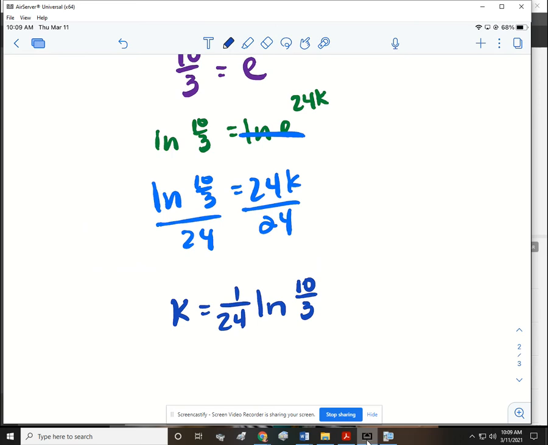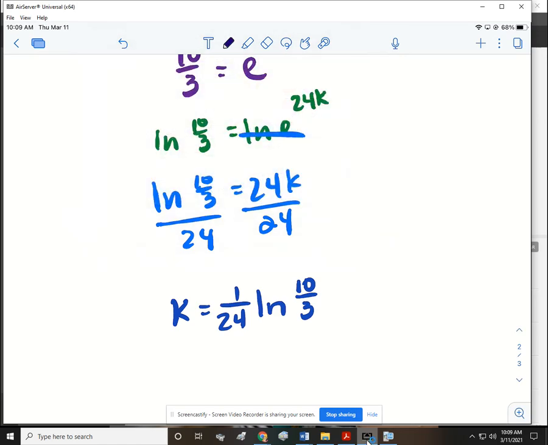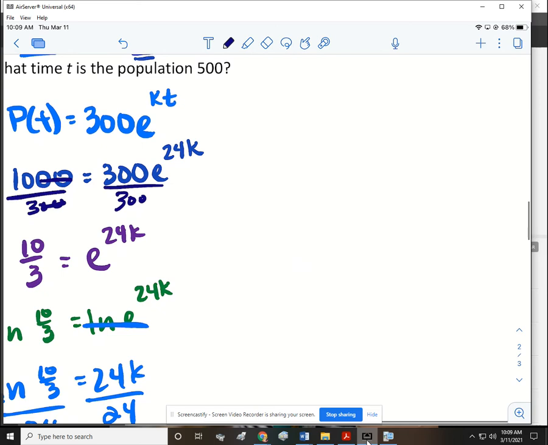All right, so here we go. We are ready to take that value and put it in for our k up here where we have this P of t.